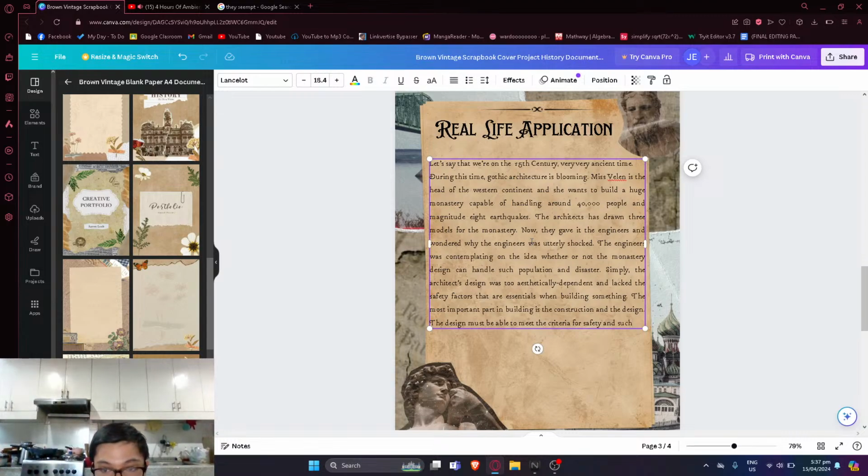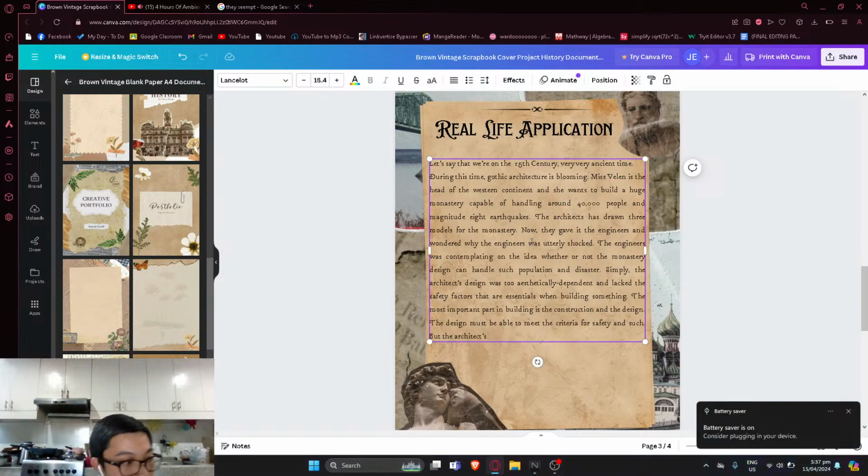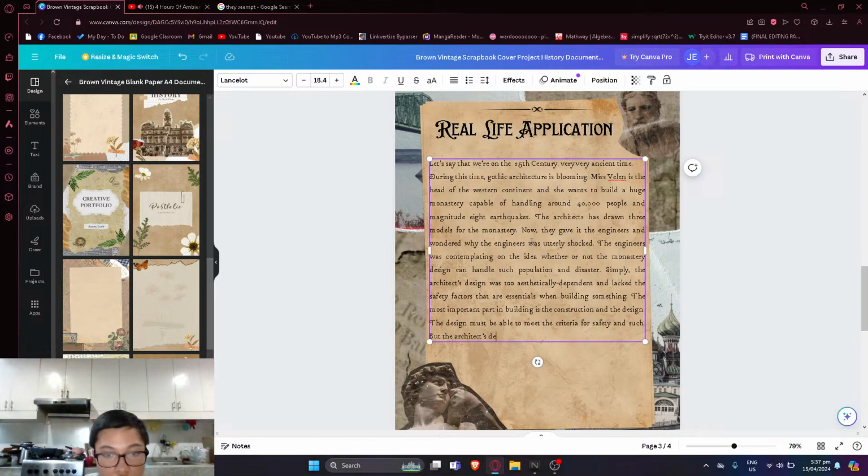Such, and so on. Architects was just too reckless. And so the engineer came up with the plan.